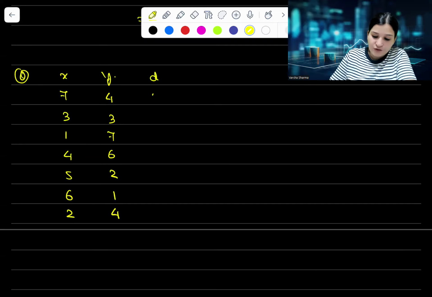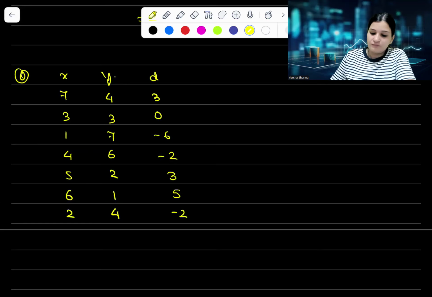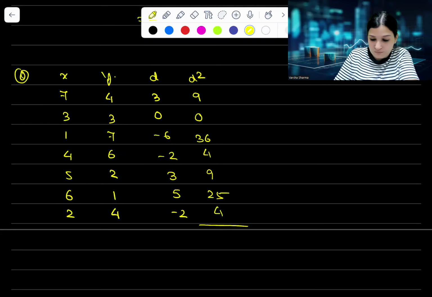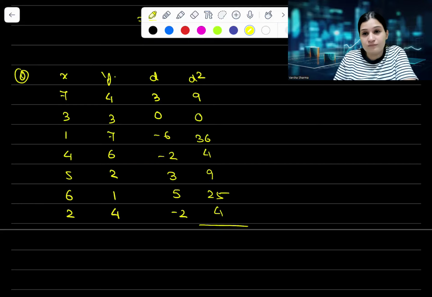So D: 3, 0, minus 6, minus 2, 3, 5. D square. Find the total: 87.